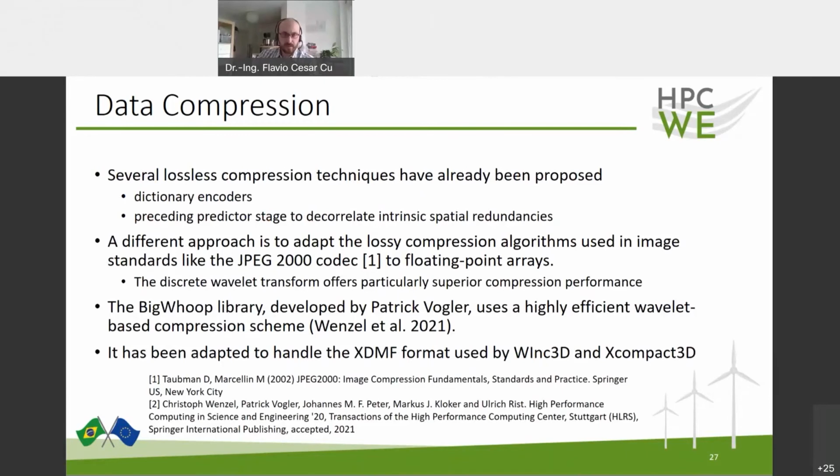A different approach is to adapt the lossy compression algorithms that have been used, for example, in image standards like the JPEG 2000 codecs, to floating-point arrays. We saw a similar approach yesterday in the talk of Jean Ray, when he also showed the use of wavelets applied to images.